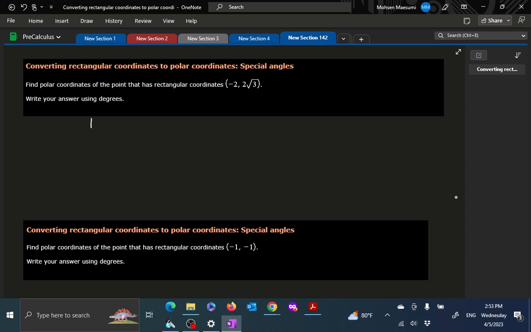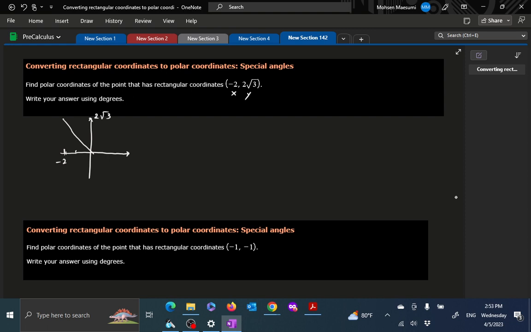It's best to draw a picture so that you avoid major mistakes of getting the angle in the wrong quadrant. So here I have my x and y. x is minus 2 and y is 2 radical 3. I'm somewhere here.